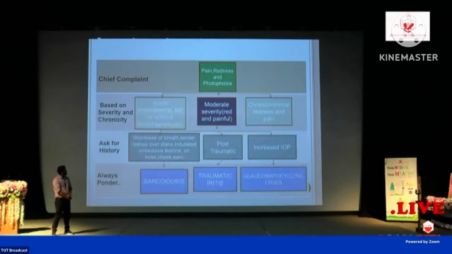If the symptoms are moderate in onset with a history of shortness of breath, tenderness over the shins, and a skin lesion, it is suggestive of sarcoidosis.